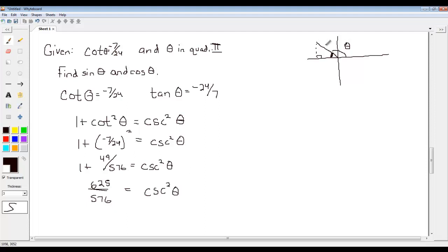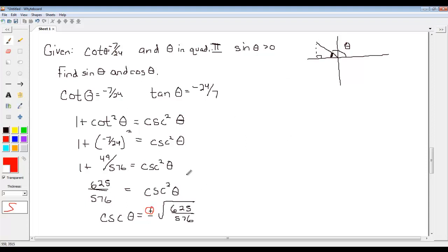Now cosecant is the same thing as 1 over sine. In quadrant 2, a smart trig class, sine is positive. So if cosecant is 1 over sine, then in quadrant 2 the cosecant must be positive. When we take the square root of both sides, we focus on the positive square root because of the quadrant we're in.